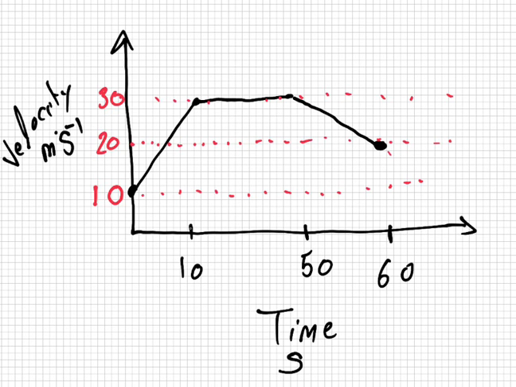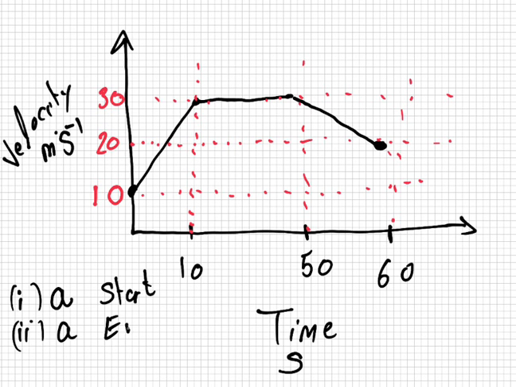Give me the distance, and then give me the acceleration. Give me the acceleration, the deceleration, and the distance travelled. So I want A at the start, and then the acceleration at the end, and I would also like the distance travelled.